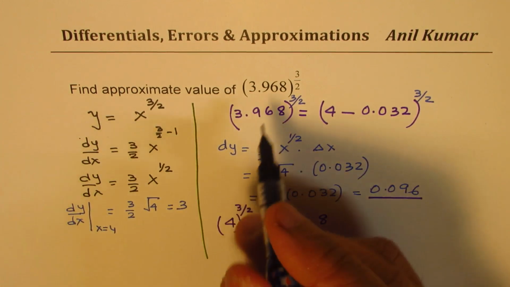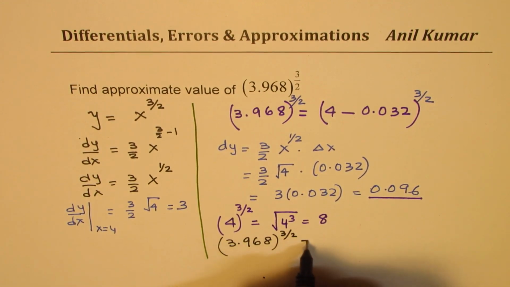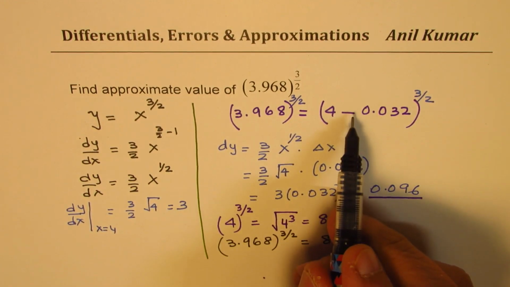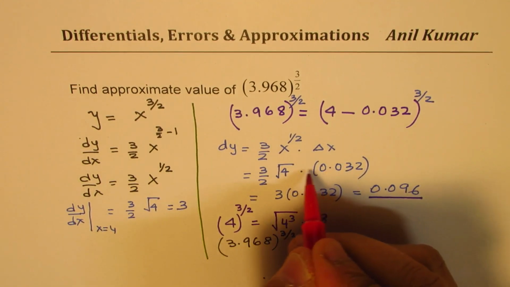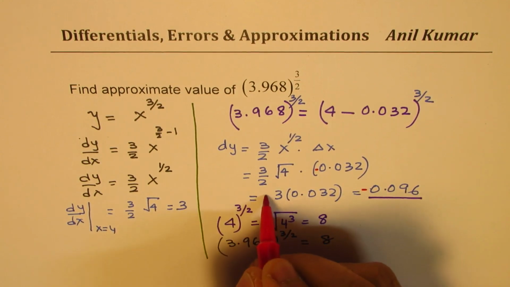So I hope you got this. So we have 3.968 to the power of 3/2 should be equal to 8, and this was a negative change. This is minus, right? So let me make it very clear. So this is a negative change, so this value is negative, correct?